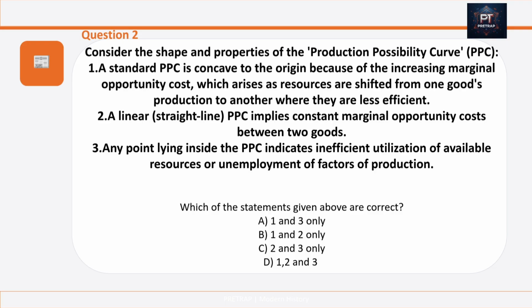Number 2. A linear PPC implies constant marginal opportunity cost between two goods. Number 3. Any point lying inside the PPC indicates inefficient utilization of available resources or unemployment of factors of production. Which of the statements given above are correct?